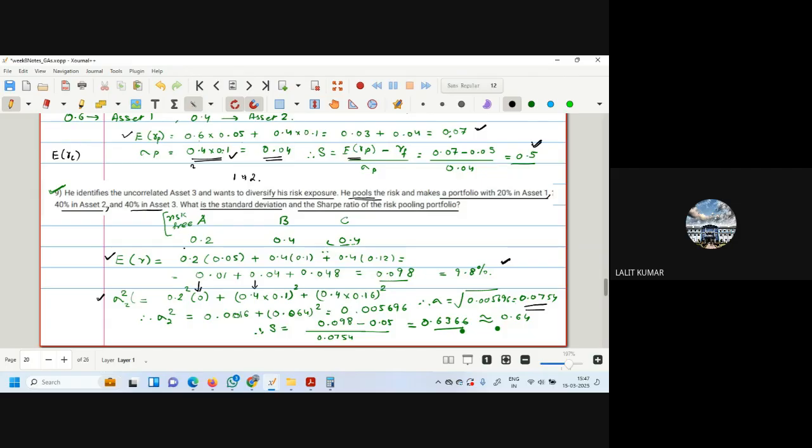Now you put it in the formula for the Sharpe ratio: expected total return minus RF divided by the standard deviation of the portfolio. We know the expected return, the RF has been given to us, and we have calculated sigma. So we have found the value. Is this okay?